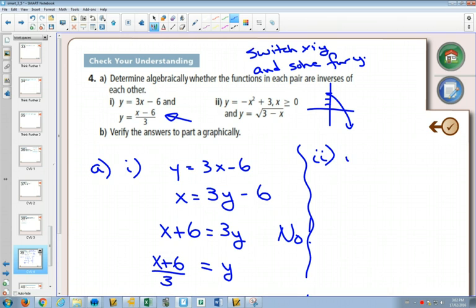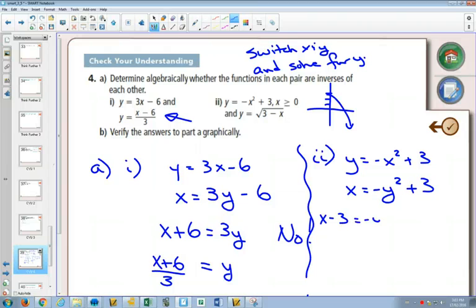So the first thing we do, we've got negative x squared plus 3. We switch the x and the y, and we need to solve for y. A couple of things that you could do here. You could minus the 3, and you'd have x minus 3 equals negative y squared.